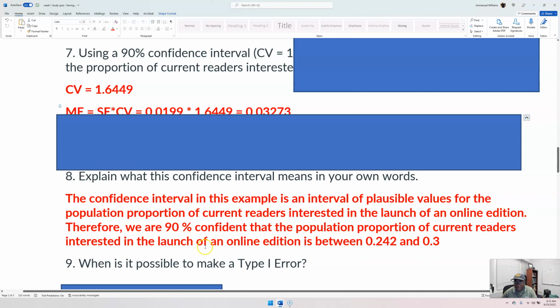In other words, we are 95% confident that the population proportion of current readers interested in the new launch of an online edition is between 0.42 and 0.3. Okay, so that's how you say this in words. That second sentence is what I'm after because it provides the actual lower bound and upper bound.